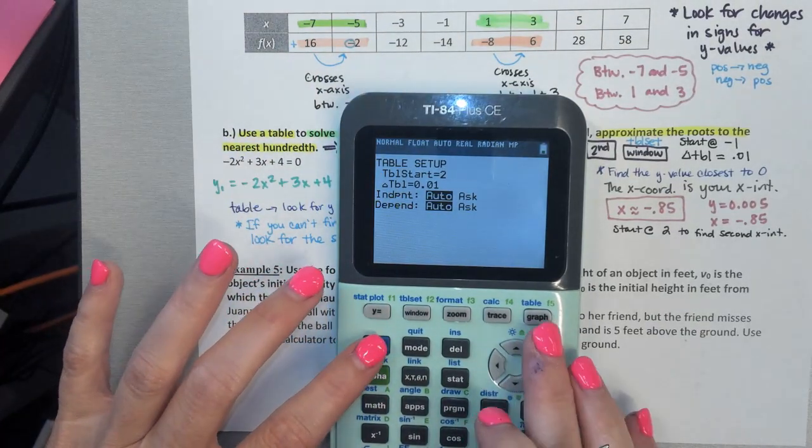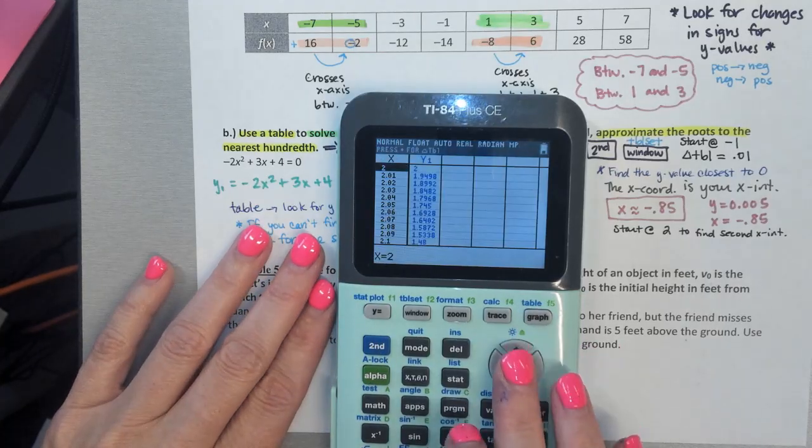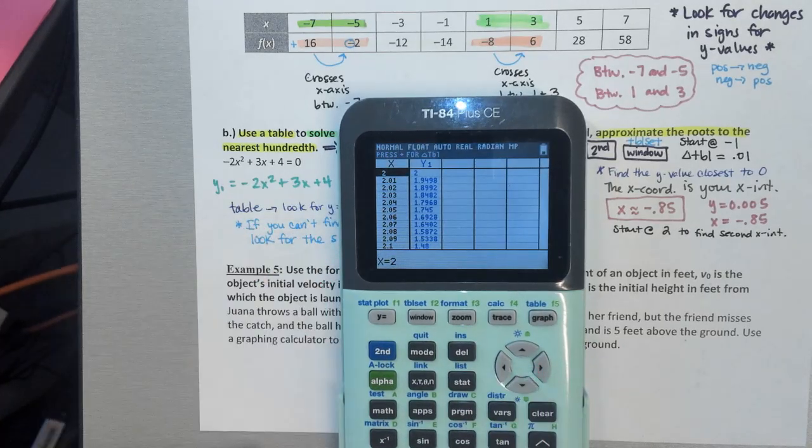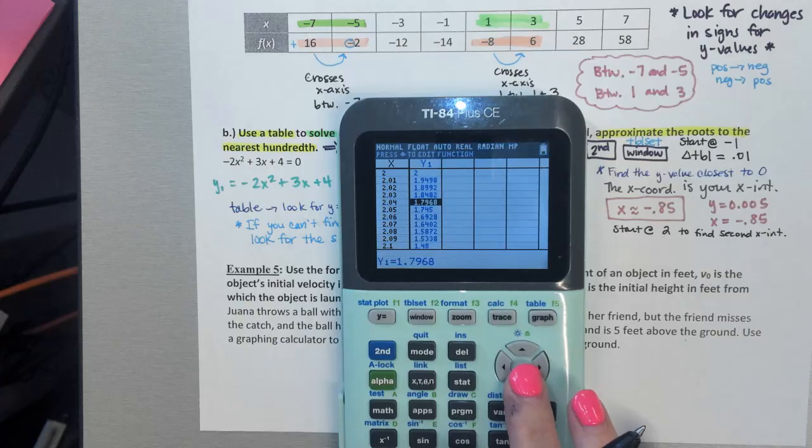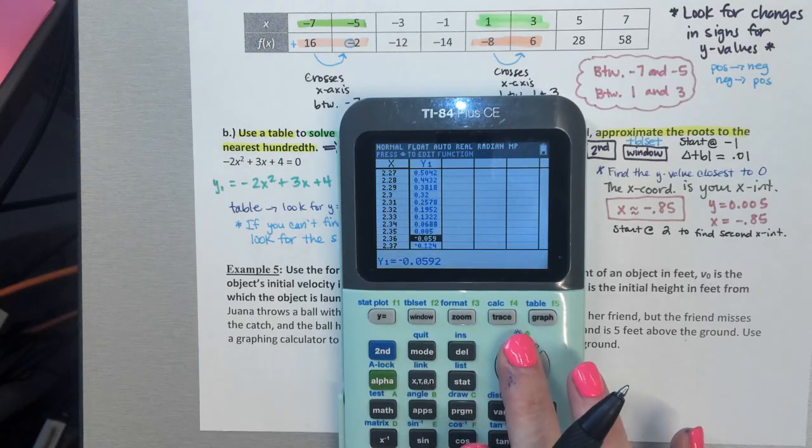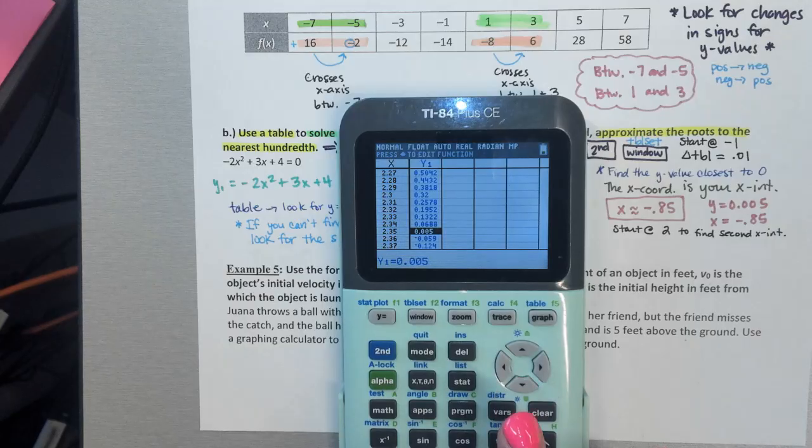Let's go to our table, so second table. Okay, and it's between 2 and 3. So we're looking for values that are close to 0. I can see they're going down. And so I just keep going until I find something that's close to 0.